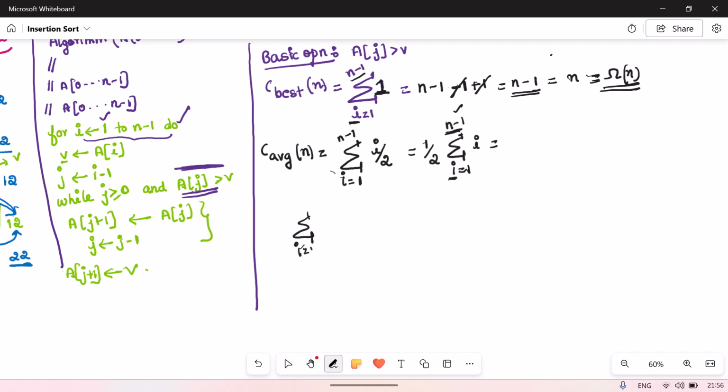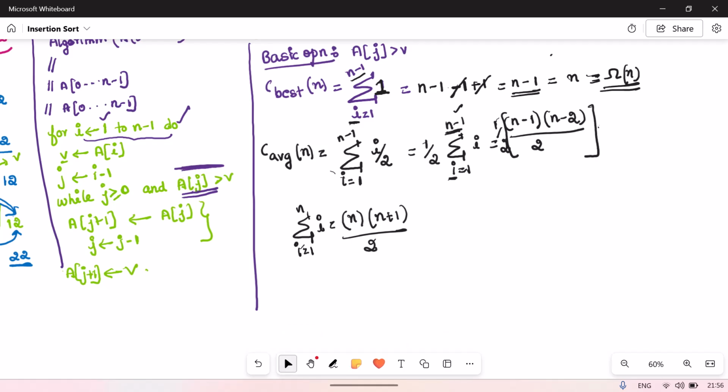Summation of i, i equal to 1 to n, is n into n plus 1 divided by 2. So one term into its next term. So here, it will be n minus 1 into n minus 2 divided by 2. This will be the value. Okay. So what I will do is, this half is already there, so that will be there here.